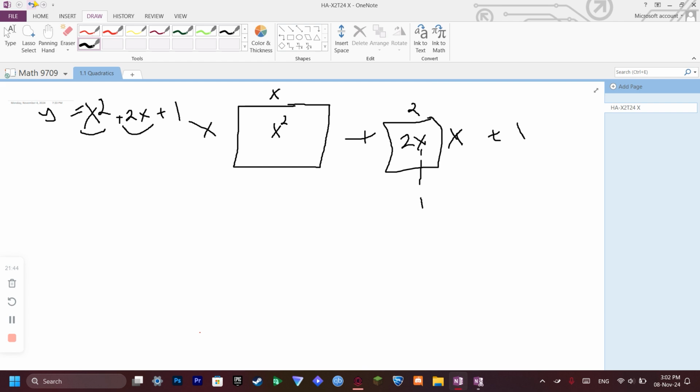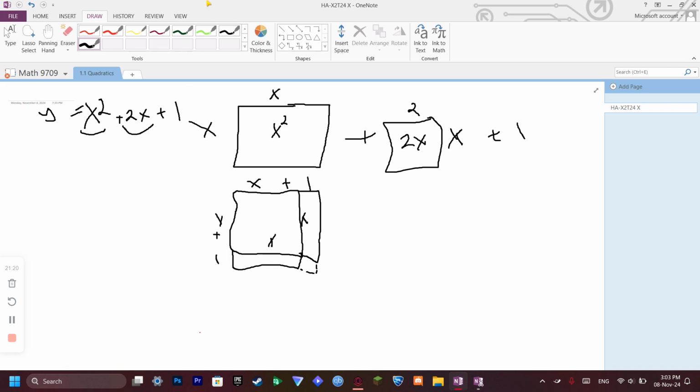If I take these and stick them right here, what is going to happen? Let's see. If I take this and put it here, you're going to have x, and this is going to be x, and 1x and 1. It's almost a square where each side is x plus 1, but you have this missing part.